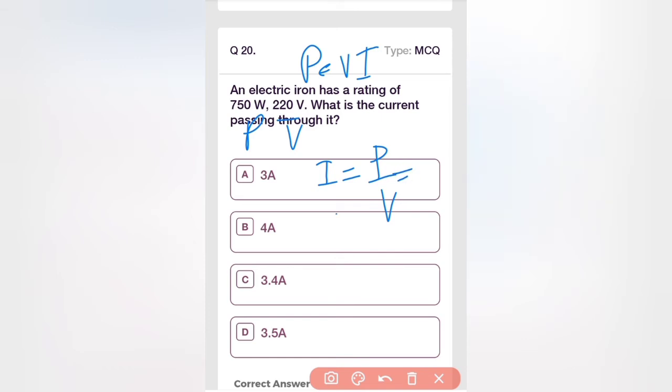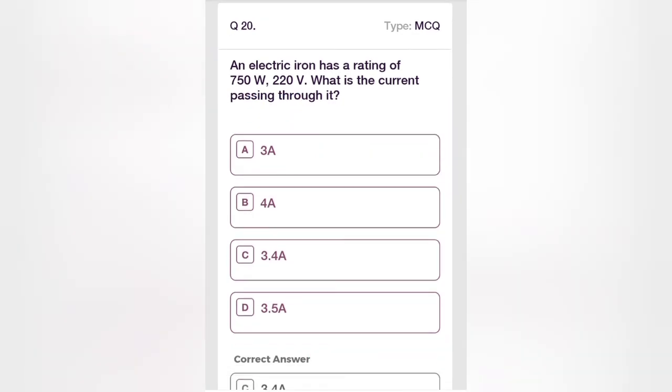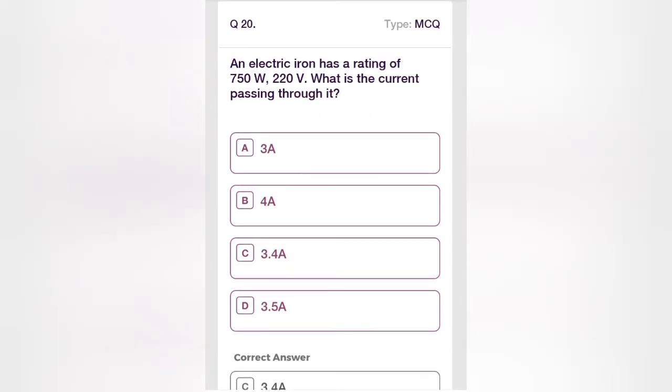So this is equal to 750 divided by 220. When we cancel, we get the answer 3.4. Option C is the correct answer.